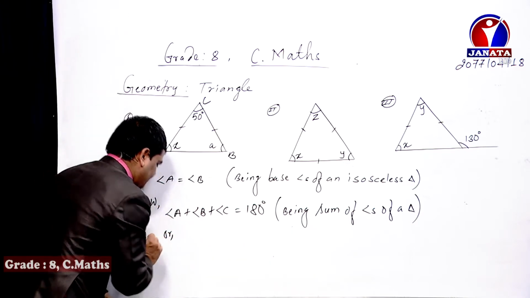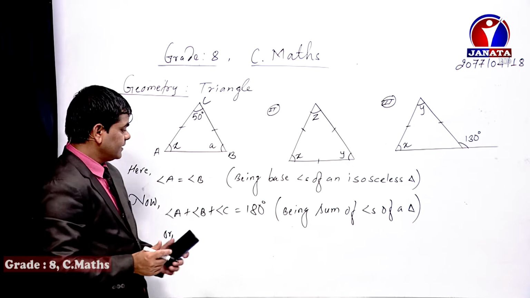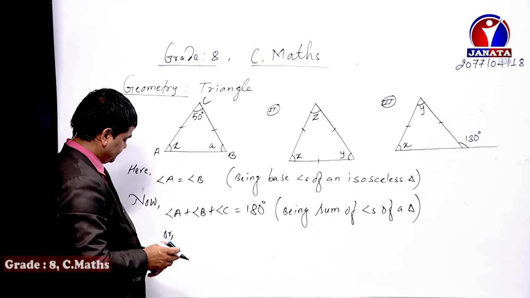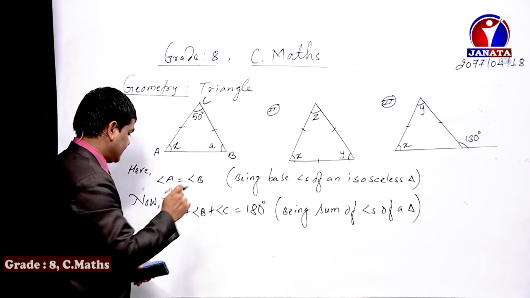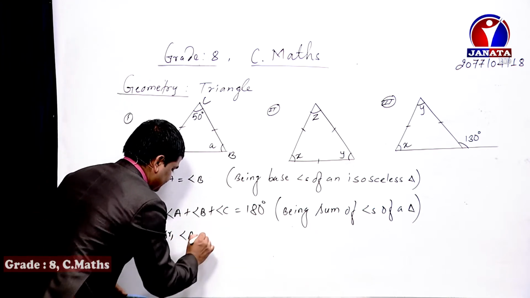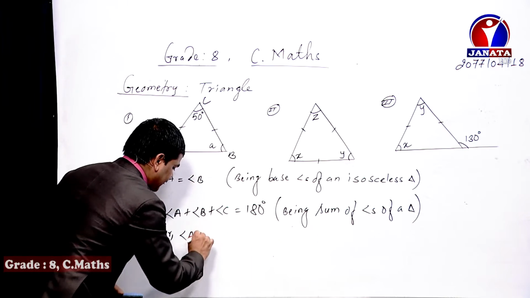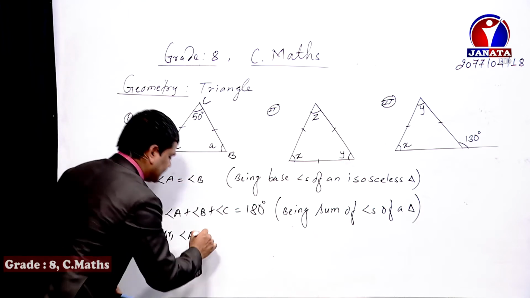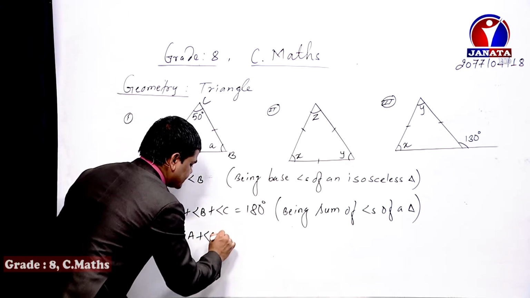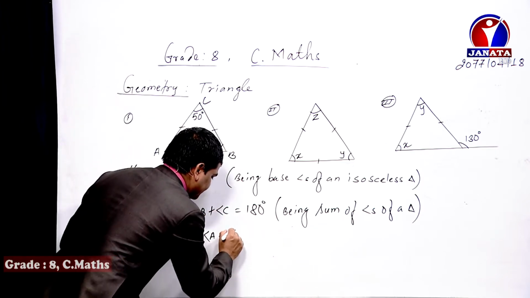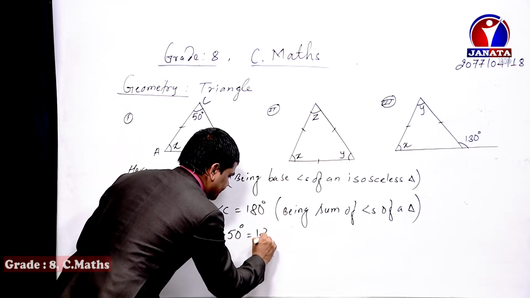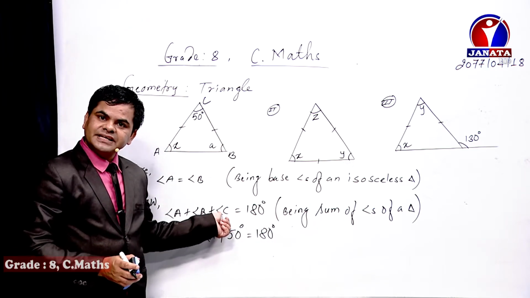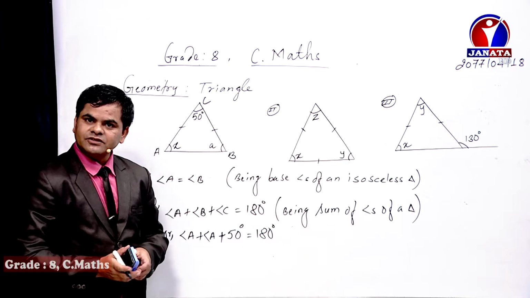So in the second step we write 'or' and a comma, because in the meanwhile there is the use of the equal sign. Let's first find angle A, and then angle B. Angle B and angle A are already equal, so in place of angle B we can write angle A, plus angle C, which we have already got as 50 degrees, equals 180 degrees, being the sum of angles of a triangle.